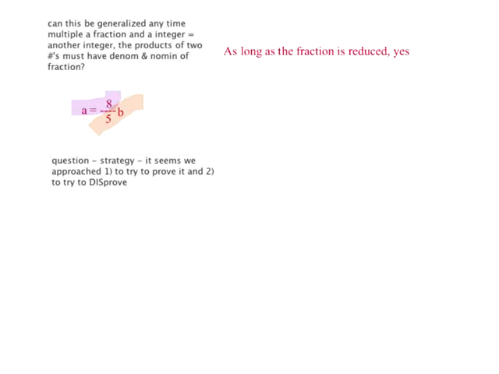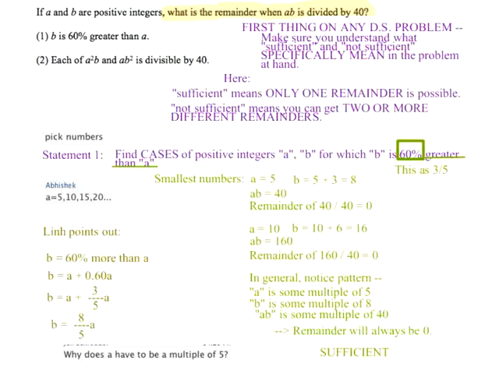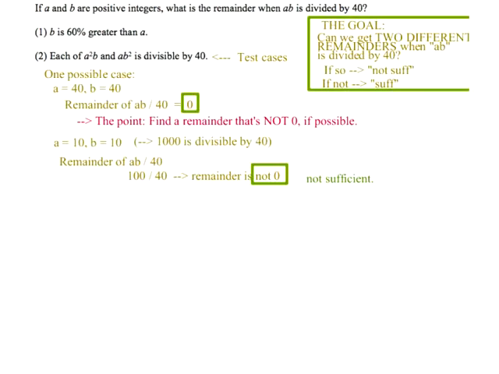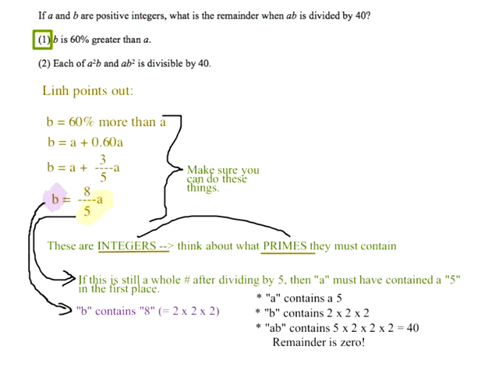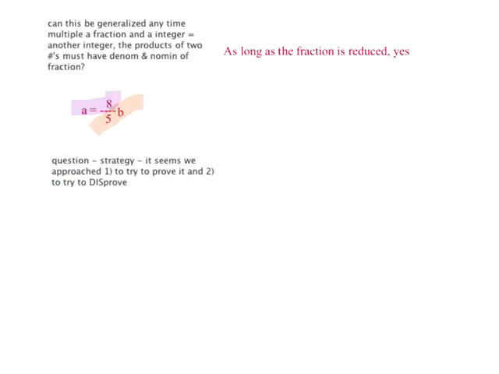I don't love the words prove and disprove here because data sufficiency is not about disproving anything. But this is a useful thing to think about. When you do theory type approaches, your theory and algebra and so on are generally aimed at proving that things are sufficient.